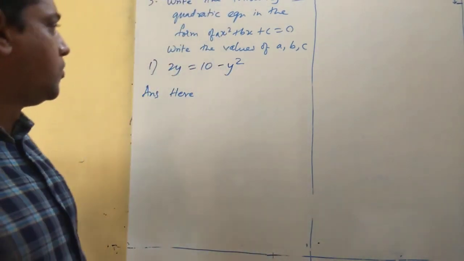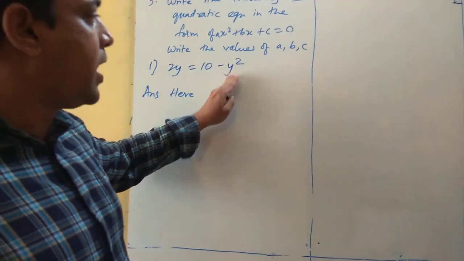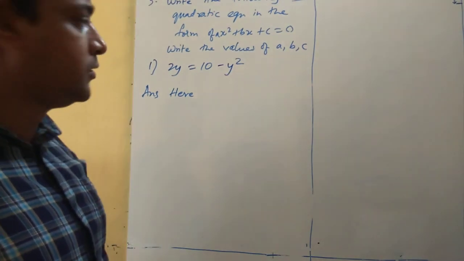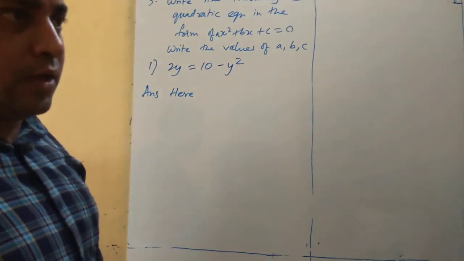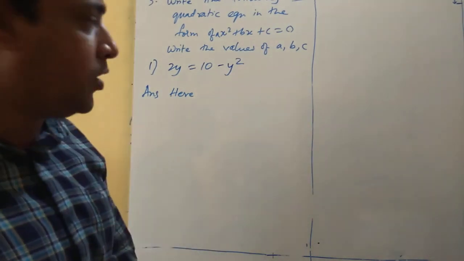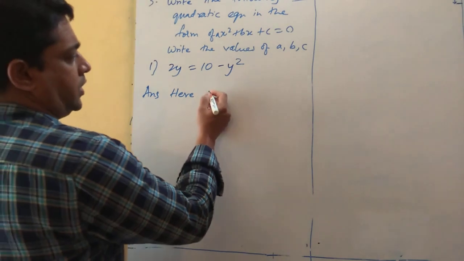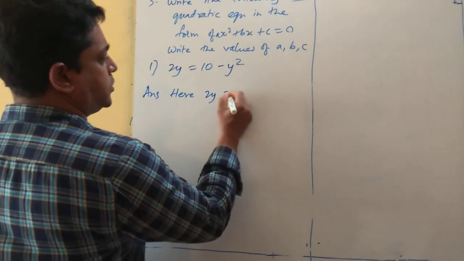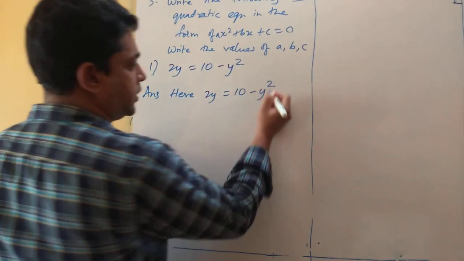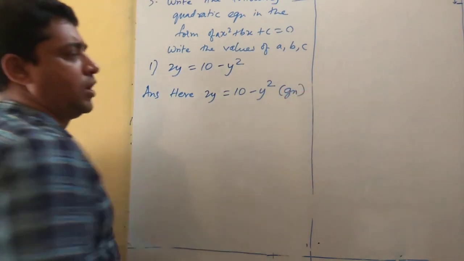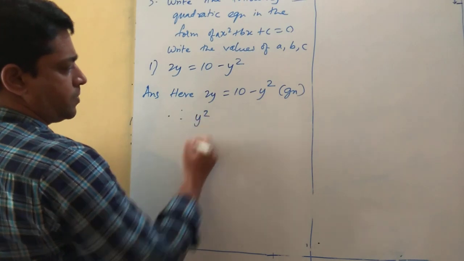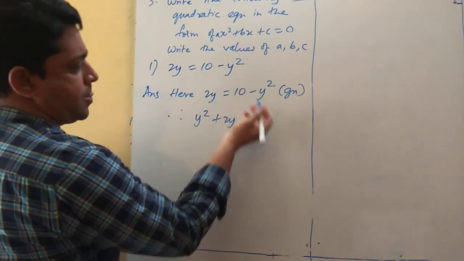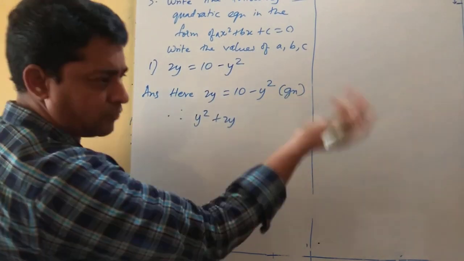Okay, so what will I do? I'll bring minus y square and constant 10 to the left hand side. Okay, and write it in the proper order. So here 2y is equal to 10 minus y square. That's given, correct? So I'll write it in the proper form, that is y square plus 2y, 10 will come to the left hand side, sign will change.